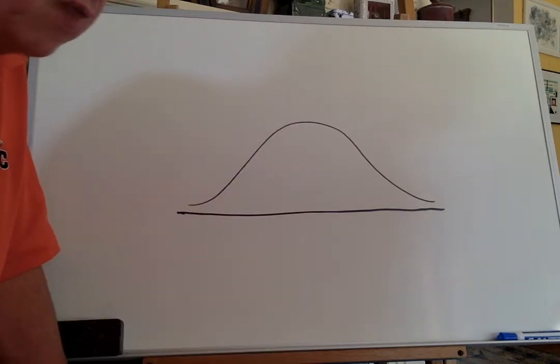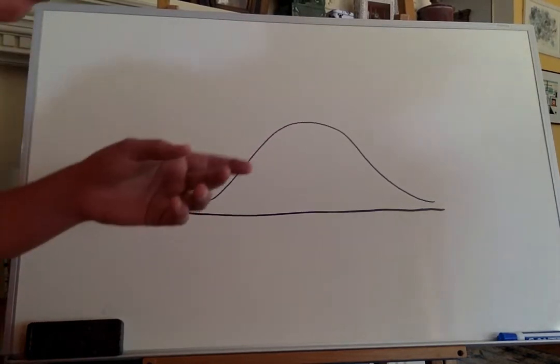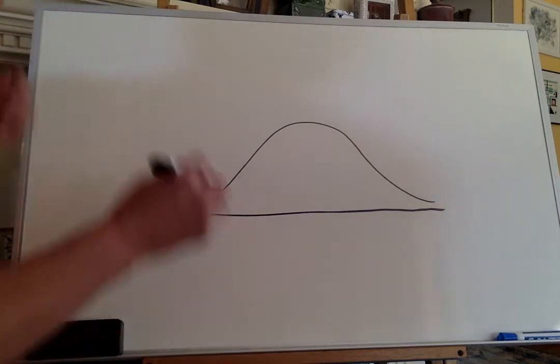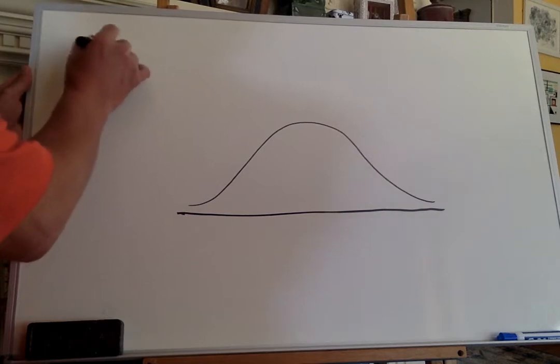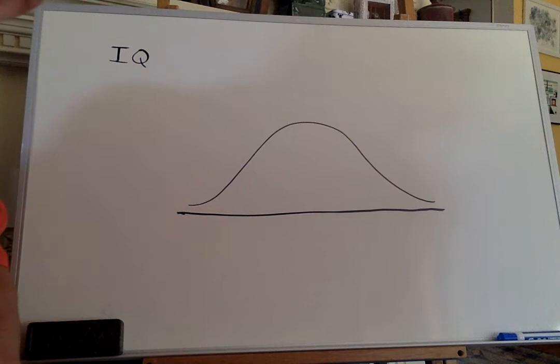So let's use a more realistic example here, a less conceptual example. Of course, we're still going to use the concepts that we've learned. Let's look at the distribution of IQ scores, okay? IQ stands for intelligence quotient, and hopefully you learned something about IQ when you took Intro to Psych, if you're a psych major.